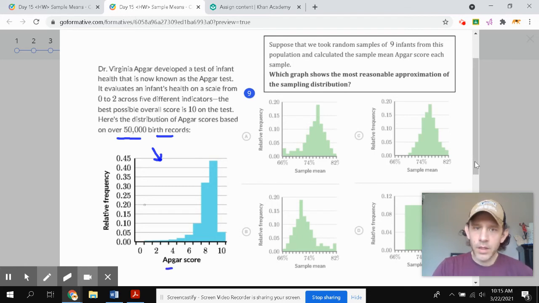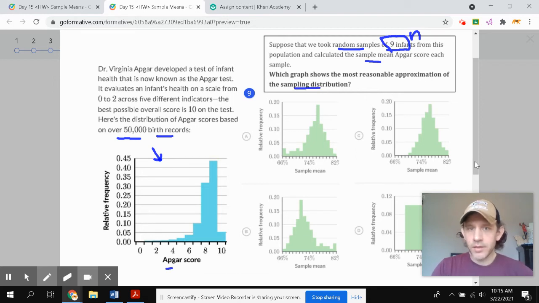All right. And we are now looking at random samples of 9. Okay, so that's important, right? That's our sample size. So if we're looking for n, we just found it, right? And we're looking at sample means. So which of these best approximates the sampling distribution?